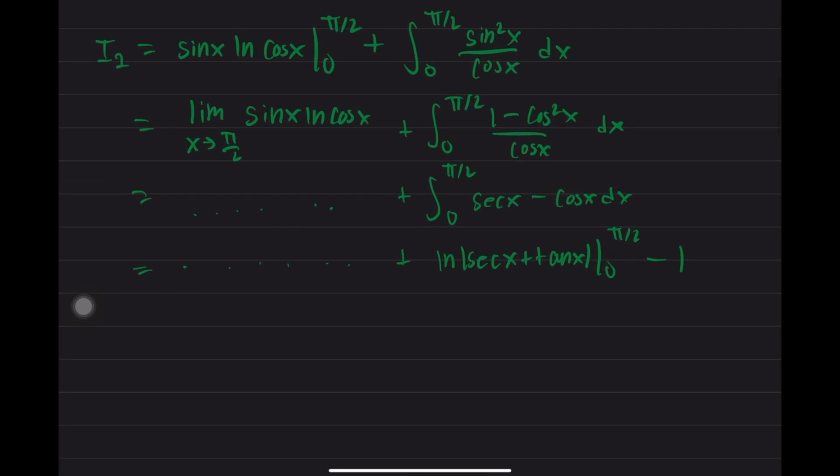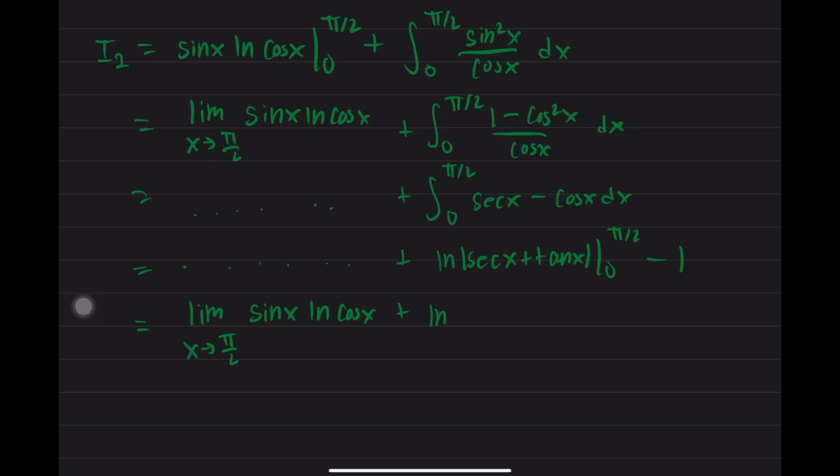So now let's look at this. As we go to pi over 2, this is not going to be very useful. This will again become a form in which we can't evaluate it. So we'll have the limit as x approaches pi over 2 of sine x ln cosine of x, plus, notice that we can take out the 1 over cosine of x.